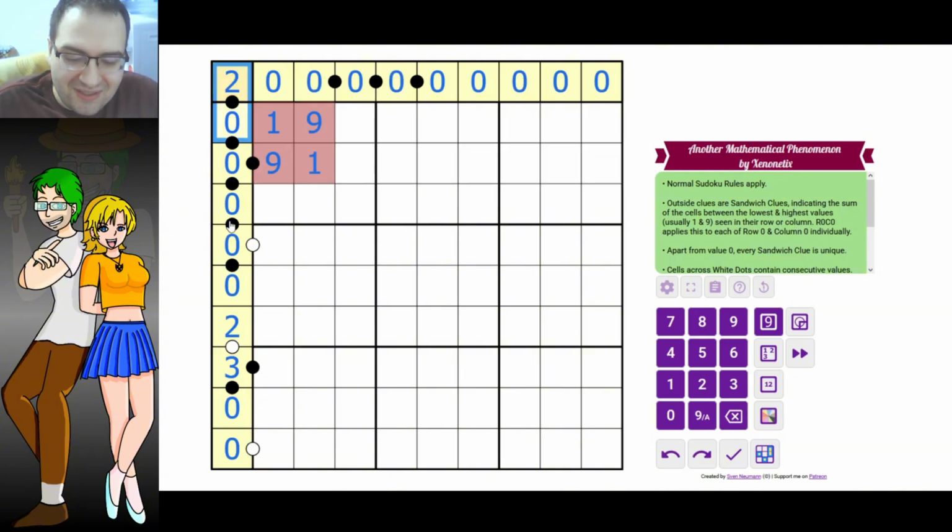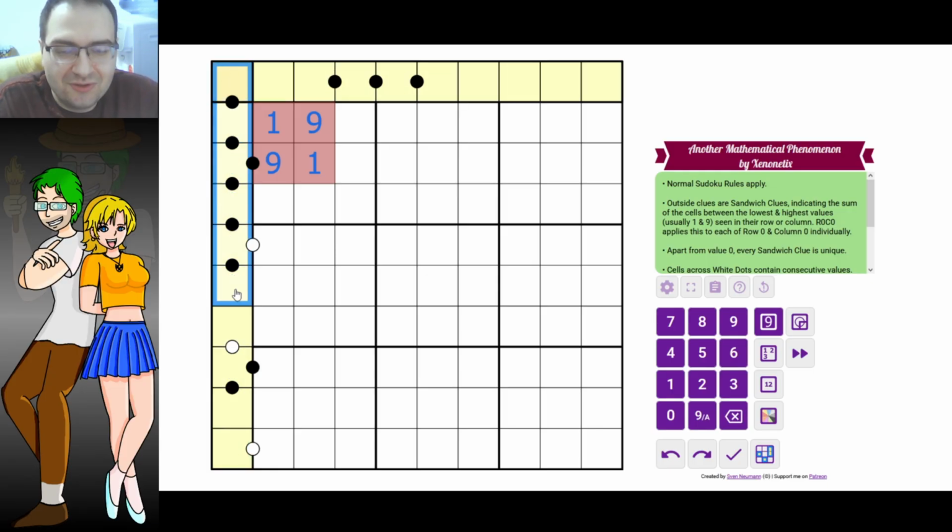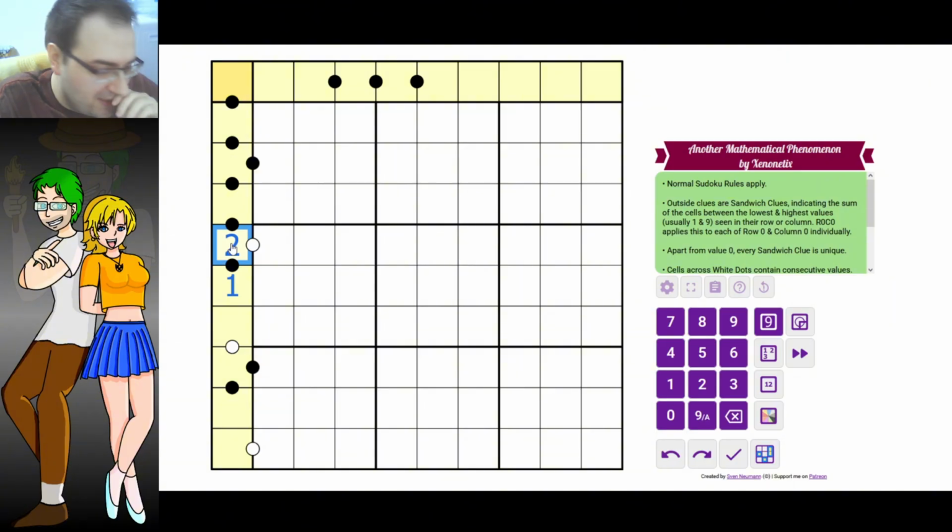Okay, so I don't know if you can still have 0 on black dots, but I know that these do not have 0. Fine. So let's start with the lowest. Well, because this will be the sum, probably this is the highest digit. Let's see if it's a 1. No, okay, I established we cannot have a 1 in a sandwich.